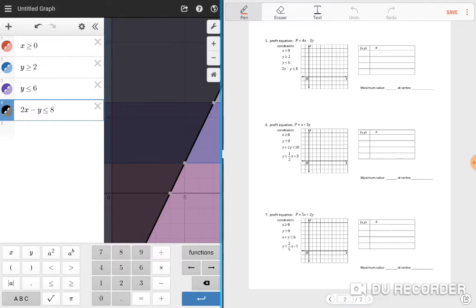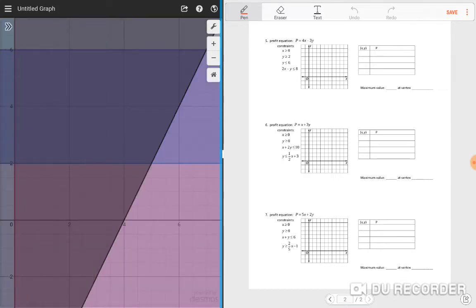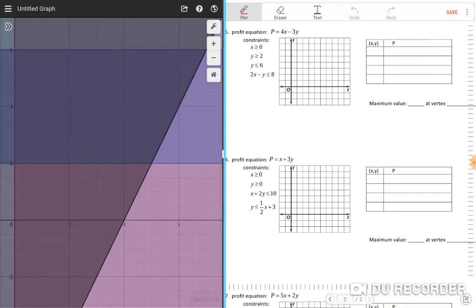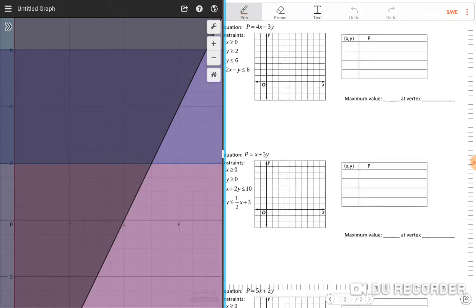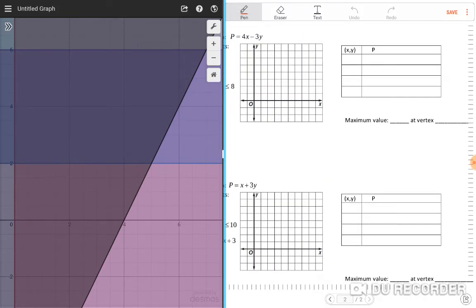Ooh, now this is black. Alright, so we're going for the darkest region, and there's no way for me to show you with the mouse here, but it's above the 2. Here, I'll just write the vertices and then you can follow along. So we have one vertex at 0, 2.